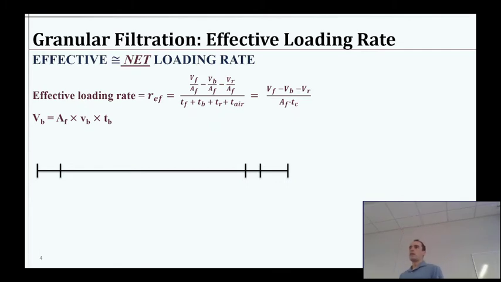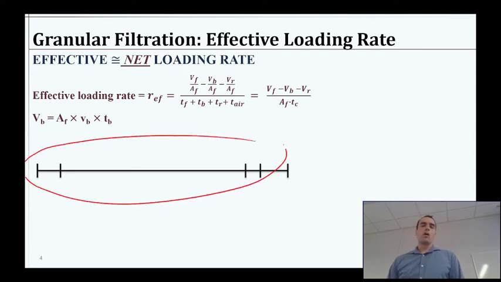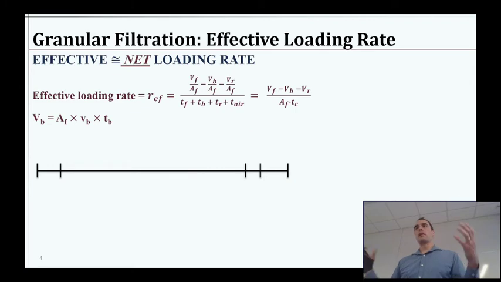Okay, so that's our filter efficiency, and we just have to calculate the volumes for each of those portions, and it's pretty straightforward. You just have to make sure you're thinking in terms of the cycle time, right? So it may make sense to draw this up, or just make sure that you have a good understanding of what components play into the cycle time. Once you have that, everything else can fall into place nicely.